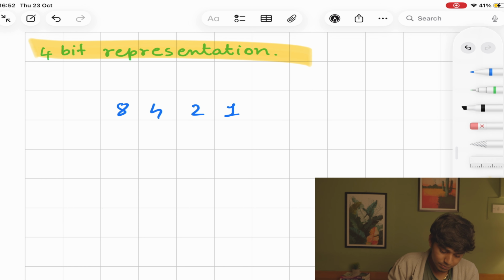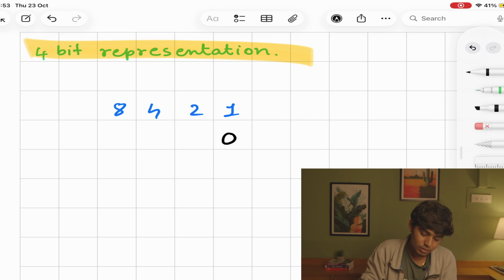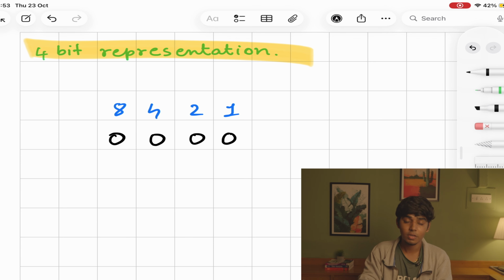Here, let's say initially I have to represent 0. So all the switches should be off in order to represent 0: 0, 0, 0, 0. So this is nothing but representing 0. Now let's say I have to represent 1. Out of these 4 switches, the first switch, the first bit, is 1.